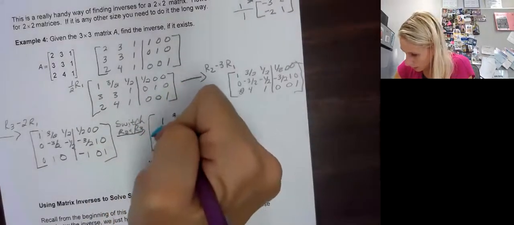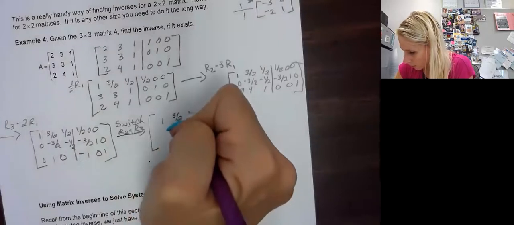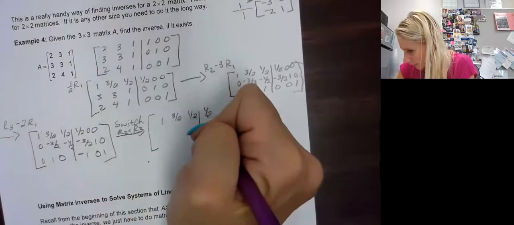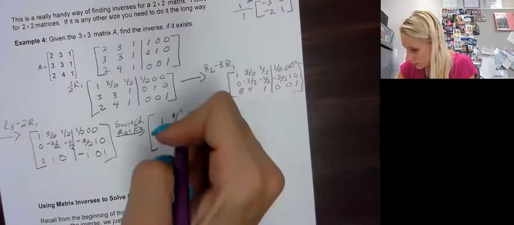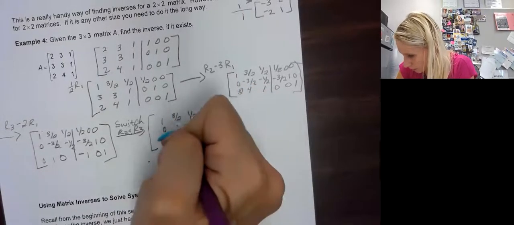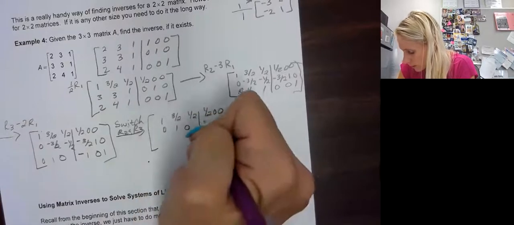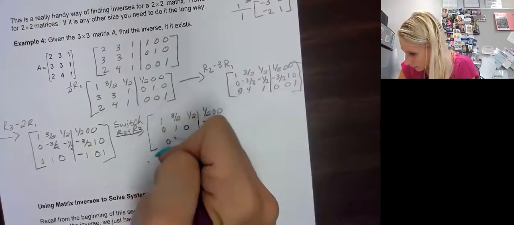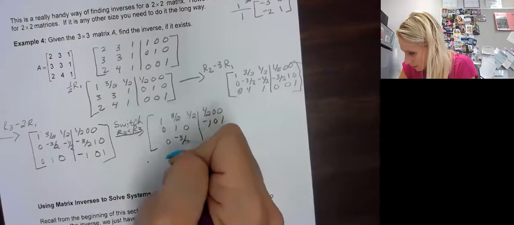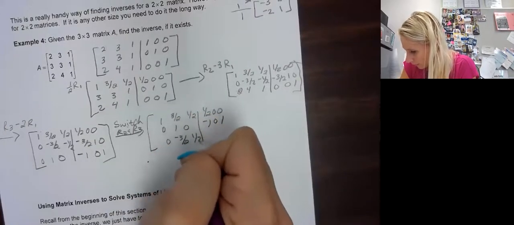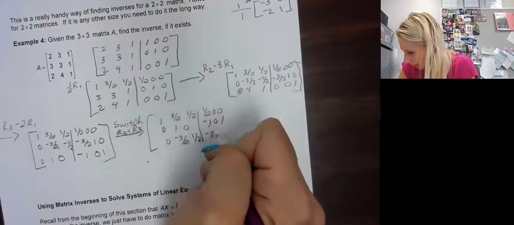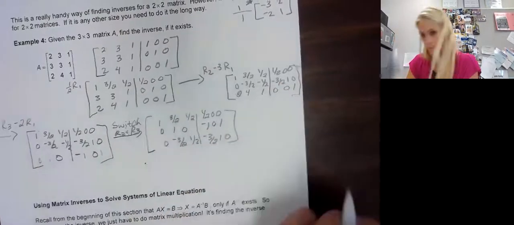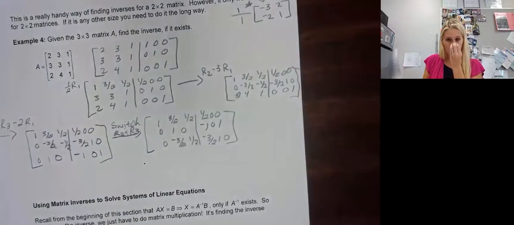So 1, 3/2, 1/2, 1/2, 0, 0, then 0, 1, 0, negative 1, 0, 1, then 0, negative 3/2, 1/2, negative 3/2, 1, 0. Looks good.